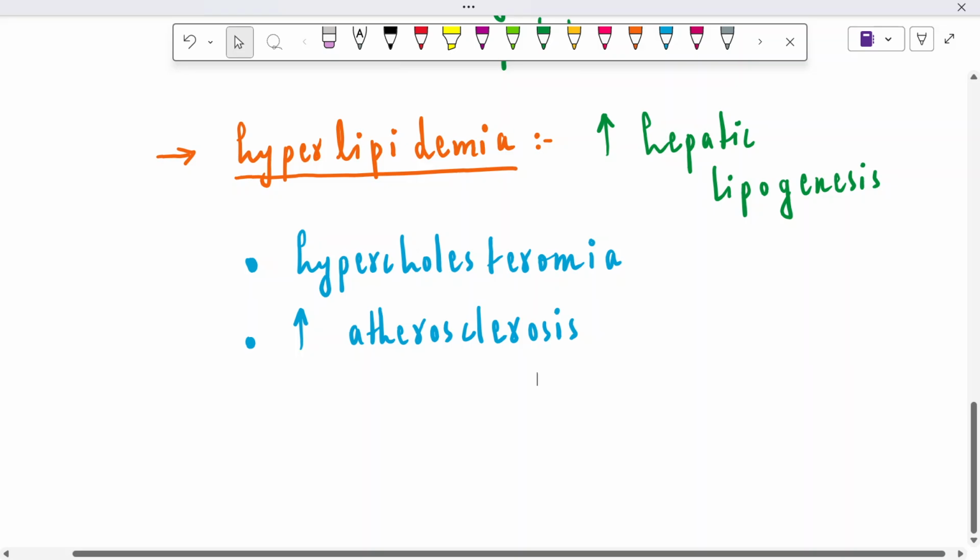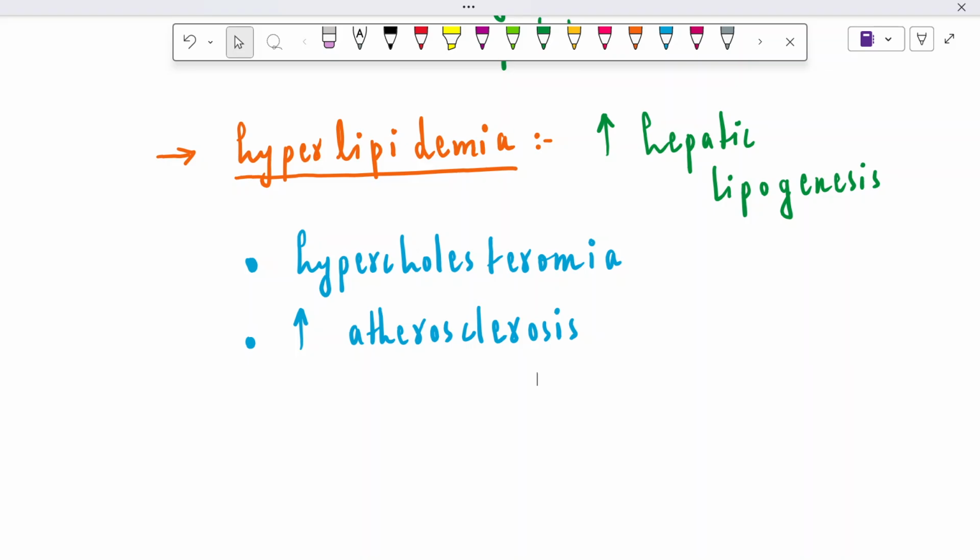But this atherosclerosis is not peculiar to the nephrotic syndrome. There are other conditions in which we can see increased atherosclerosis. First is systemic lupus erythematosus; in SLE, there can be increased lipid in the blood. Diabetes mellitus is a very important condition that can lead to increased atherosclerosis.